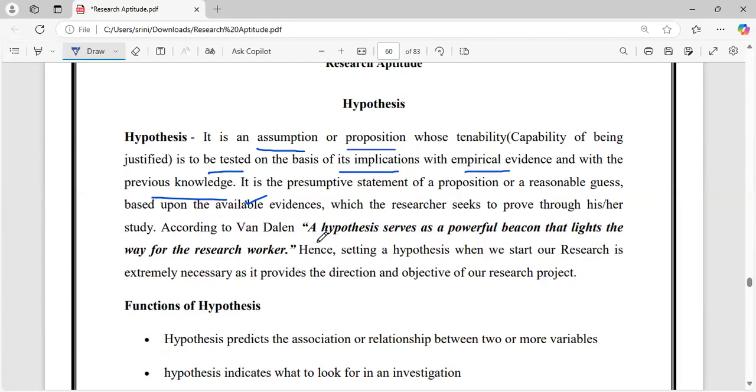According to Van Dalen, a hypothesis serves as a powerful beacon that lights the way of the research worker. Hence, setting a hypothesis when we start our research is extremely necessary to provide direction and objective to our research project.